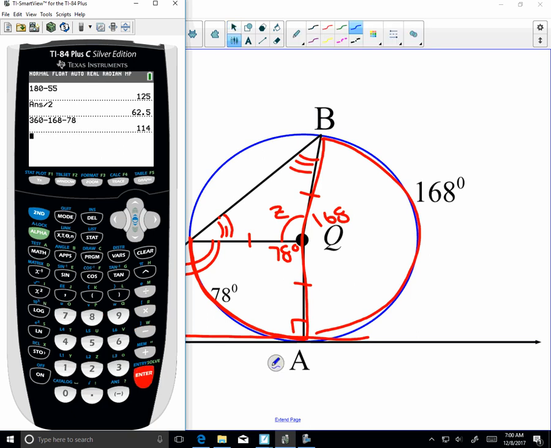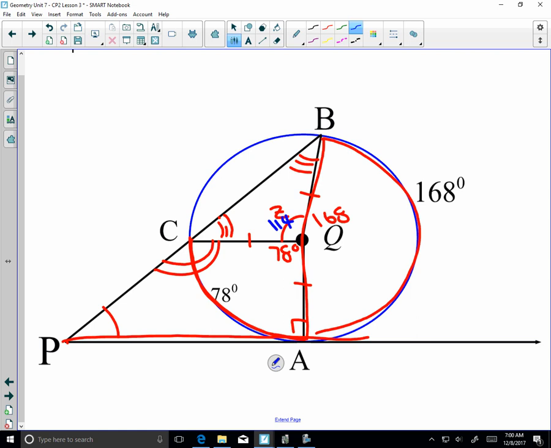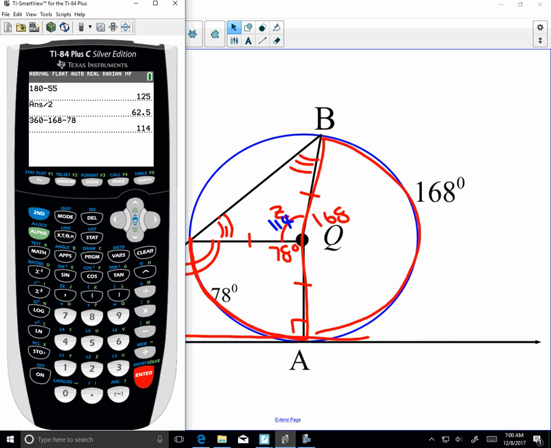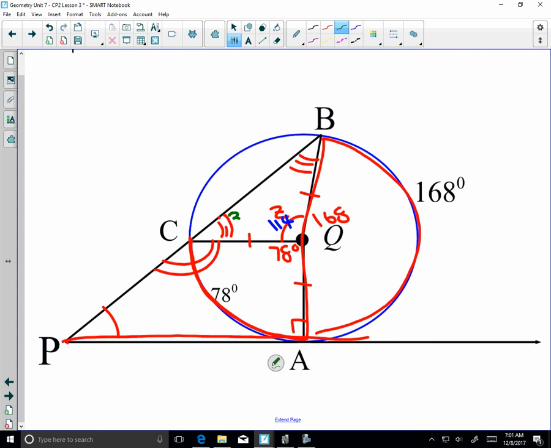So we have 114 for the vertex angle, and now we need to find the two base angles of that triangle. The three angles of a triangle add up to 180, so we subtract our vertex angle of 114, not 144, take what's left, divide it by 2, and we get our base angles of 33 and 33.